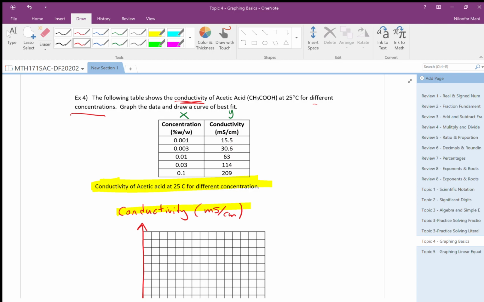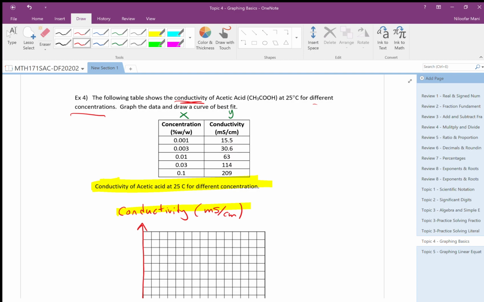So this is what you find. The thing that you find is on the y-axis, and the thing that exists is on the x-axis. So I have concentration on the x-axis and conductivity on the y-axis.